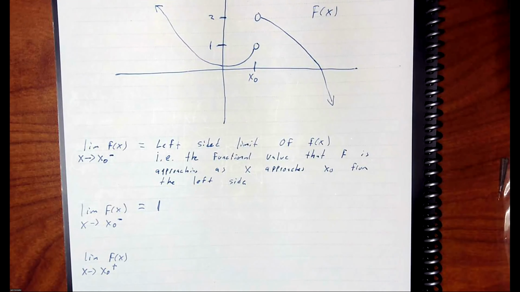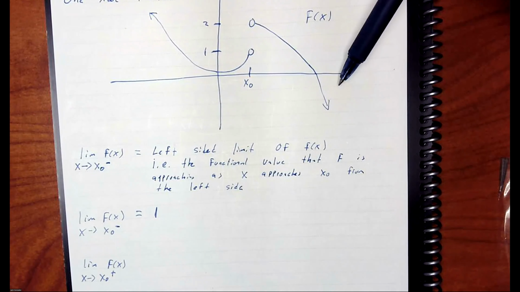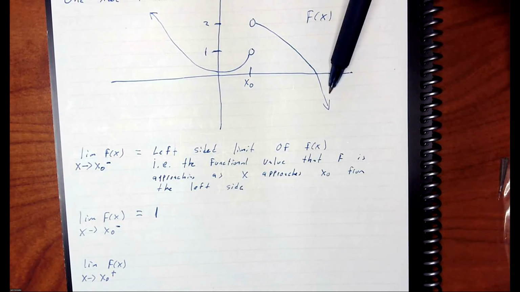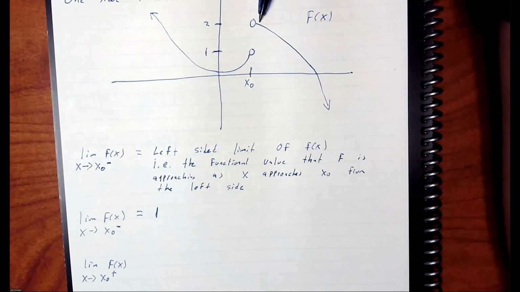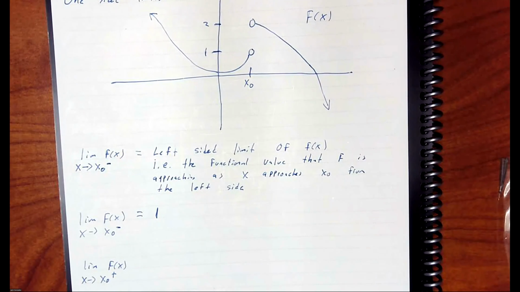So look at this function here. As I'm coming from the right side, what are the y's approaching? 2. So your limit would be 2. That's all you have to do. Now the actual definition is really complex and deep, but visually and graphically, it's not that bad, right? It's right there.